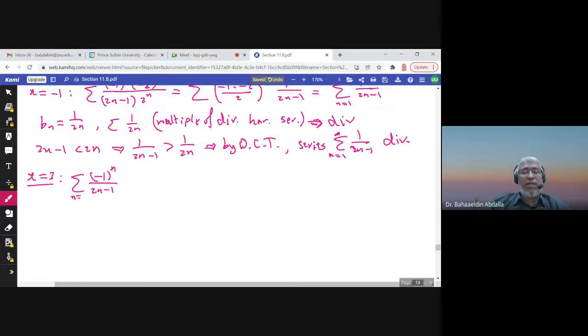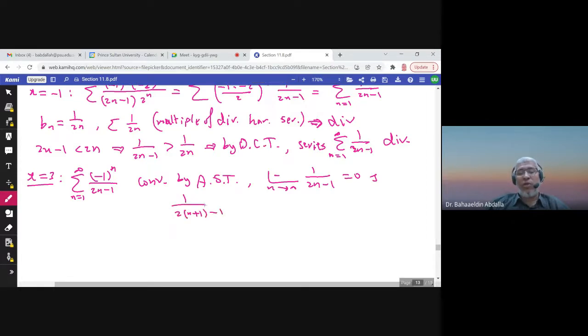And this series is convergent by the alternating series test, because the limit of 1 over 2n minus 1 when n goes to infinity is 0. And 1 over 2 times n plus 1 minus 1, which will give you 2n plus 1, is less than this one because this is greater than this, which means it is decreasing.